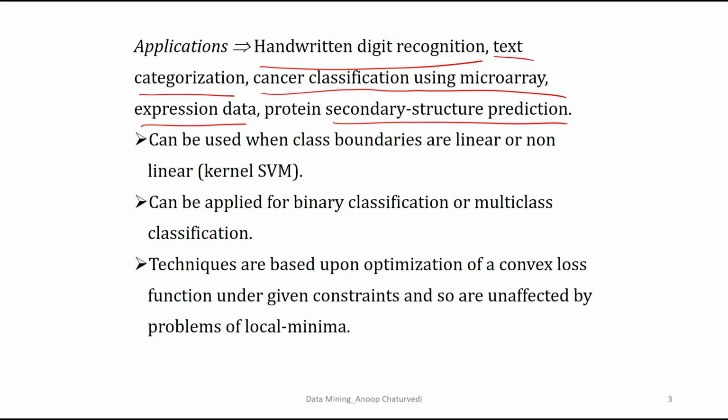In fact, when the class boundaries are nonlinear, we go for kernel-based support vector machine. But in this lecture, we are focusing just on the support vector machine when the class boundaries are linear.